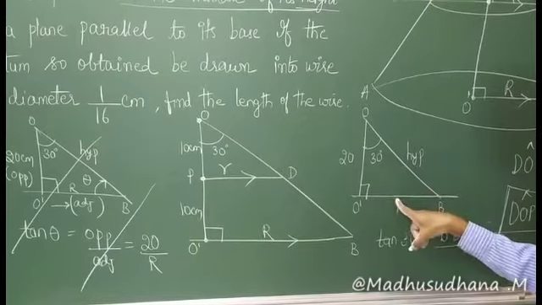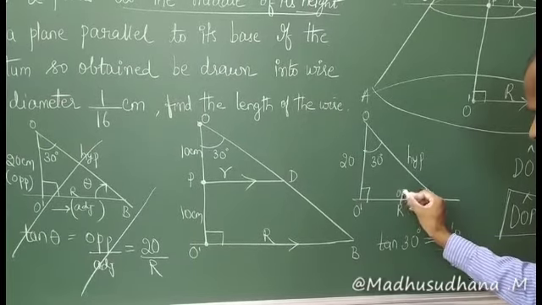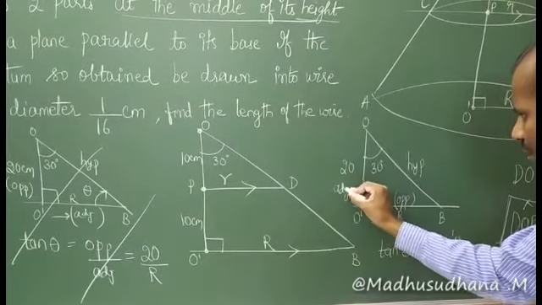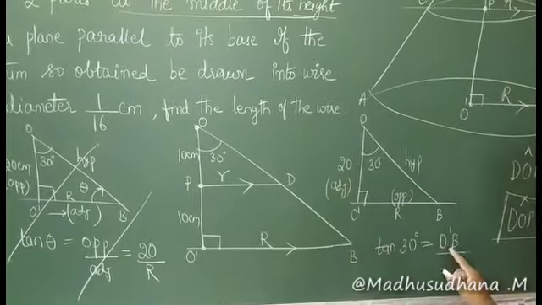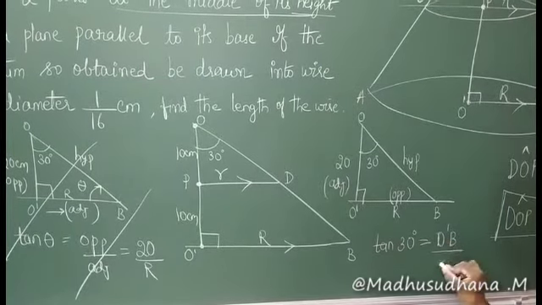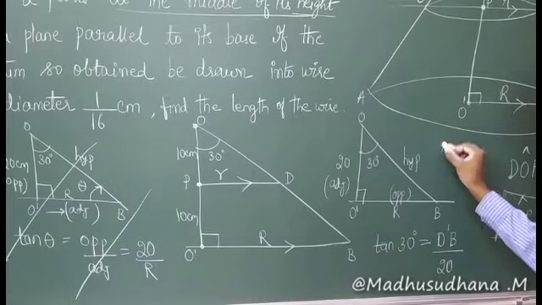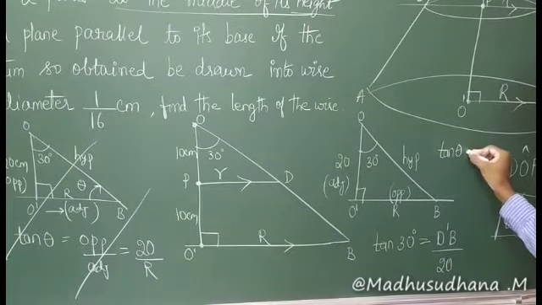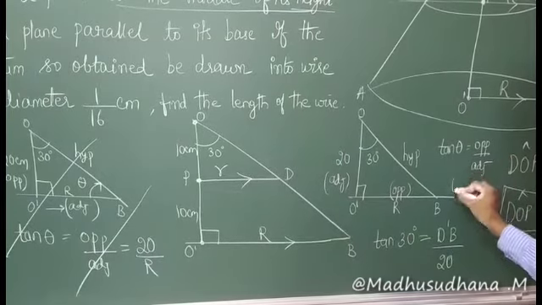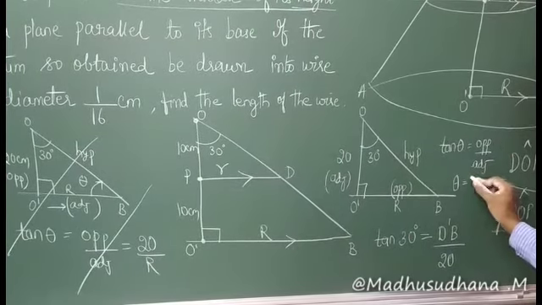So opposite to theta is my opposite side here, and the remaining side is my adjacent side. So this is equal to opposite by adjacent. Adjacent is 20 here. So tan theta is equal to opposite by adjacent, and theta is equal to 30 degrees.